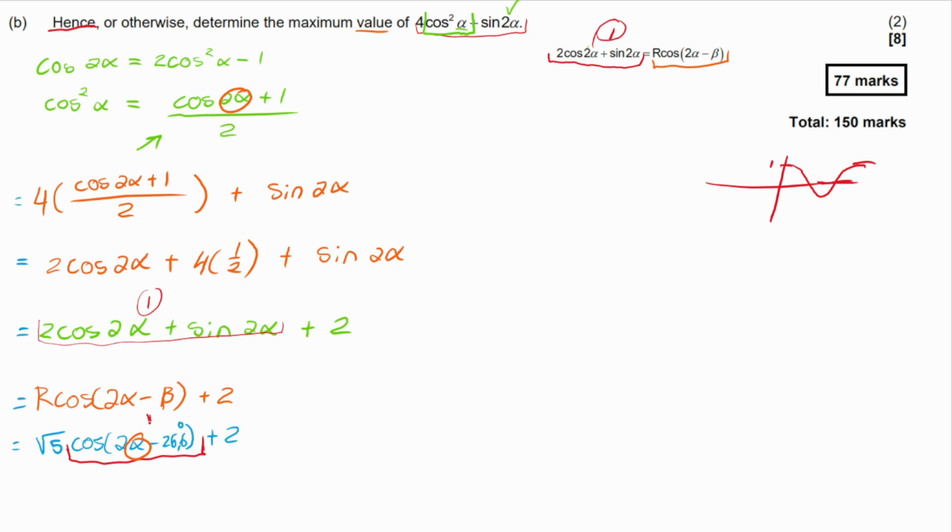So I can say, therefore, the maximum of this is equal to root 5, because this underlined part just becomes 1. So root 5 times 1 plus 2, which is just root 5 plus 2.